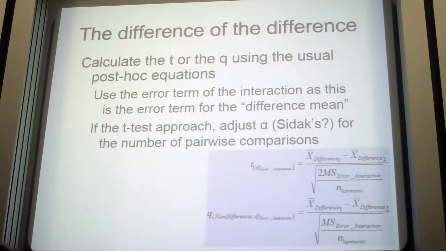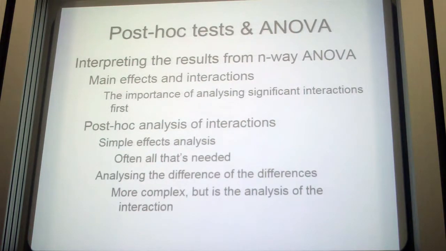Okay, but we're still looking at those differences, but now we are looking at the true interaction, the difference of the difference. Okay, so we're just going to do exactly the same thing to work it out.